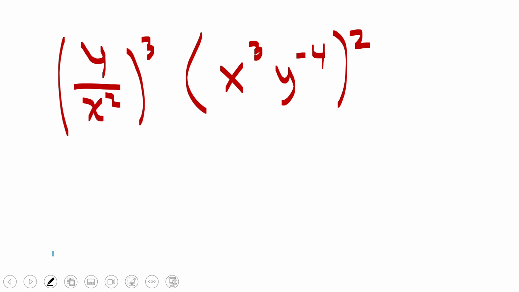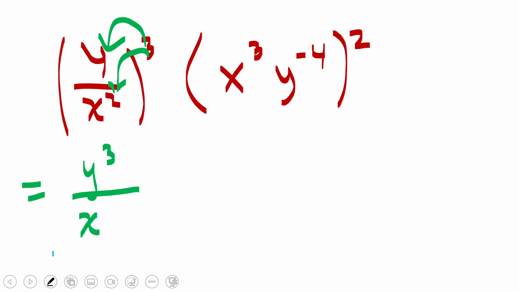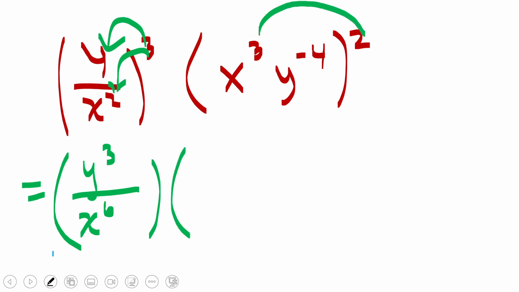So if that is true, you're going to have y to the third power in the numerator over x squared times 3 in the denominator, which is 2 times 3 is 6, all times x to the third power times 2 in the next term is x to the 6th. And that 2 times negative 4 is y to the negative 8th power.